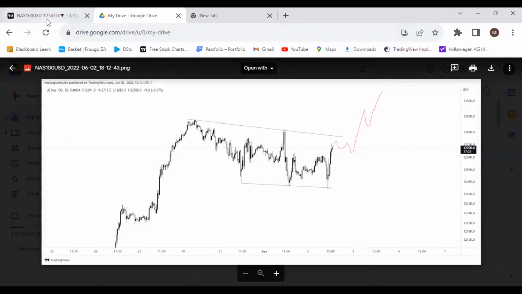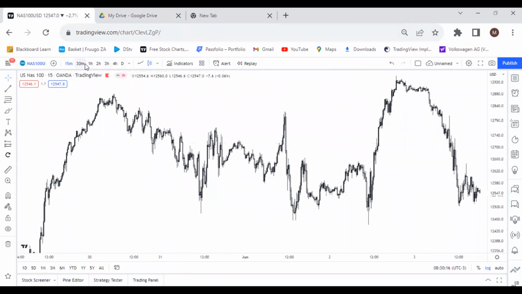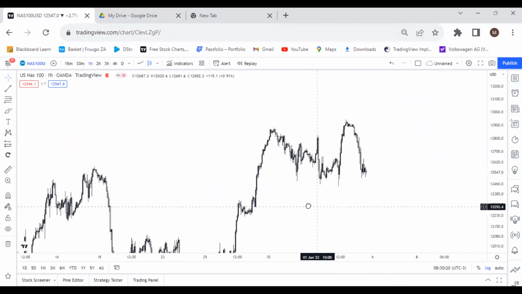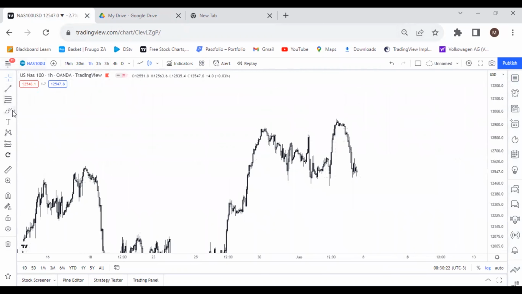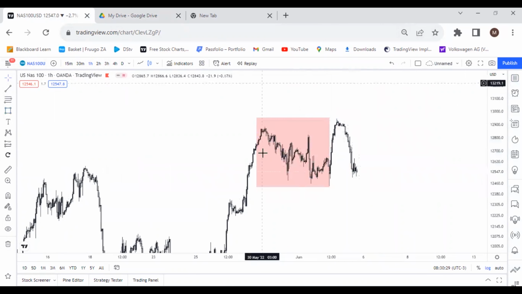I'm just gonna jump into the TradingView platform and go to the 1 hour time frame. So this is the part that we are working with from the screenshot, right?